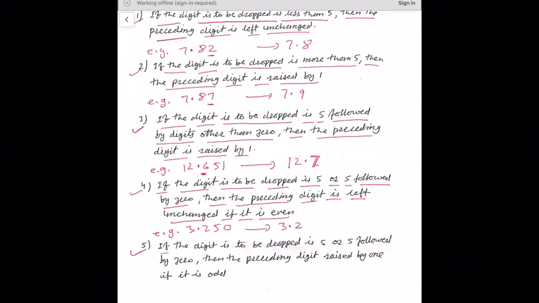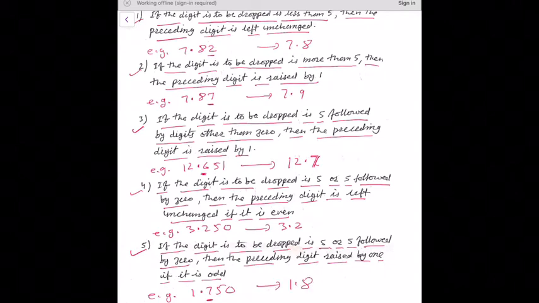Next, fifth, if the digit to be dropped is 5 or 5 followed by 0, then the preceding digit is raised by 1 if it is odd. For example, 1.750 becomes 1.8 because 7 is an odd number.